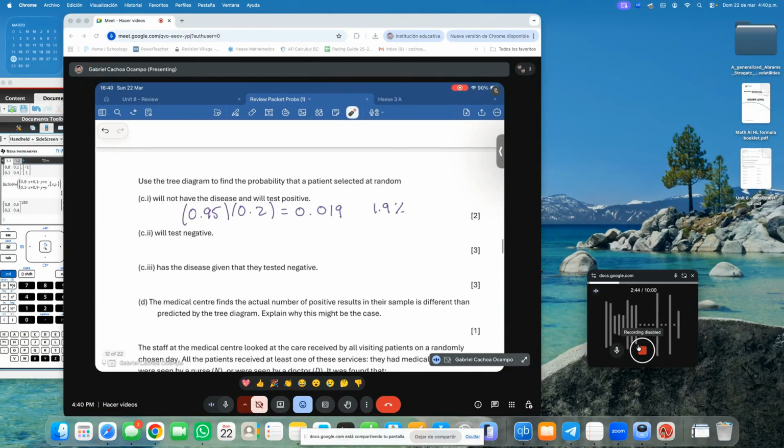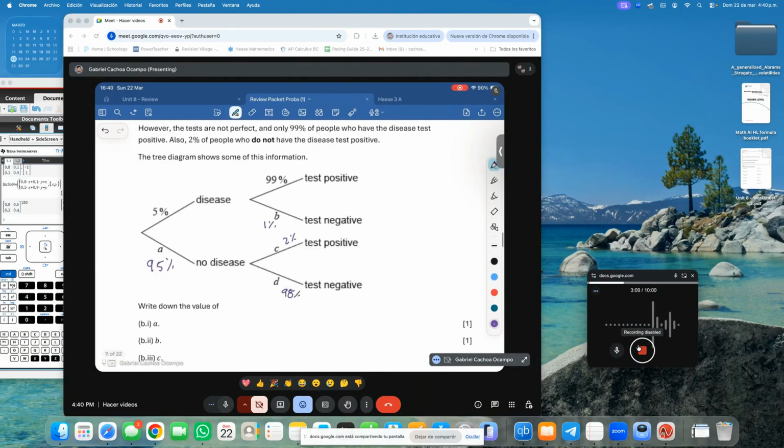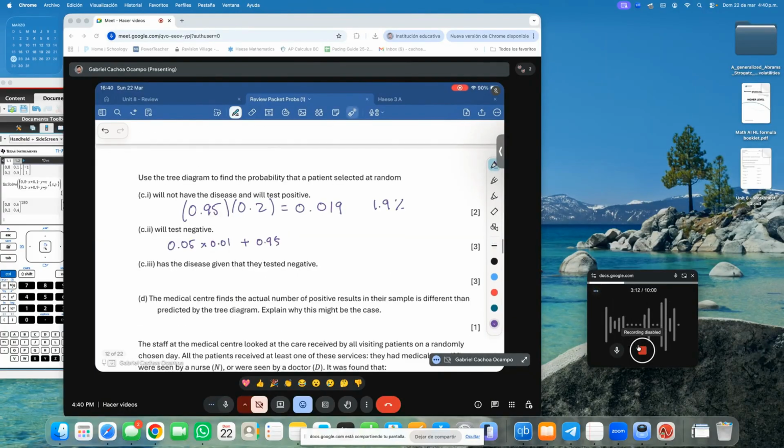So one branch is, sorry, having the disease and testing negative, plus not having the disease and testing negative.